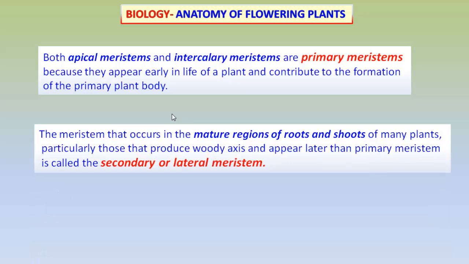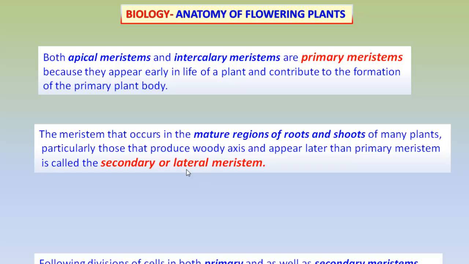The meristem that occurs in mature regions of the roots and the shoots of many plants, particularly those of woody plants, appear later than the primary meristem, and they give rise to secondary tissues, and hence they are called secondary meristems.